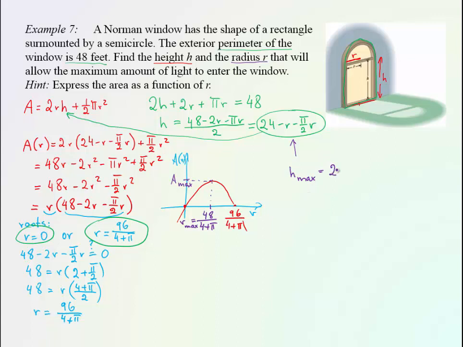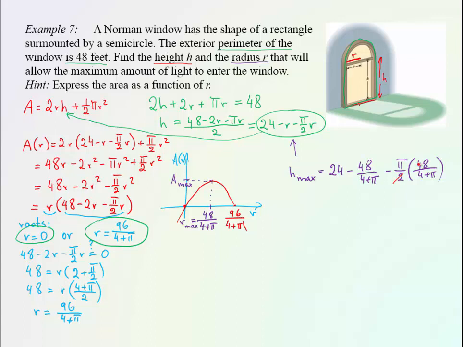That will be 24 minus r, but r was this much, 48 over 4 plus pi, minus pi half times r, which is again 48 over 4 plus pi. Well, as you see, this expression looks a little bit big and awkward, but we can manage. What can we do to simplify it?